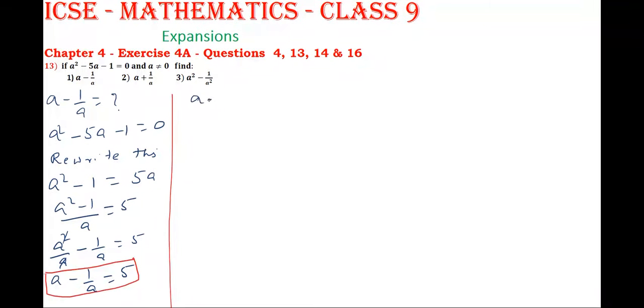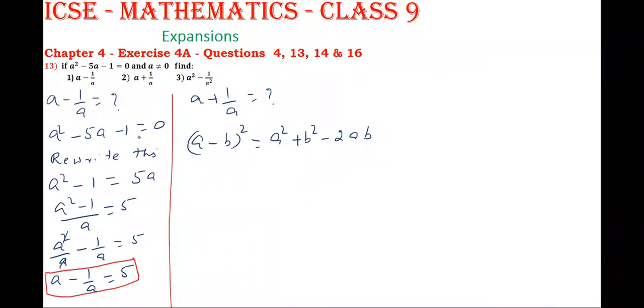Now we will find a + 1/a. We know (a−b)² equals a² + b² − 2ab. We have a − 1/a = 5, which we got from the first one.